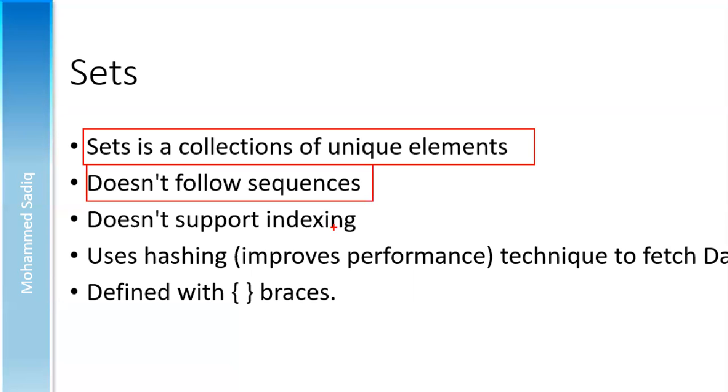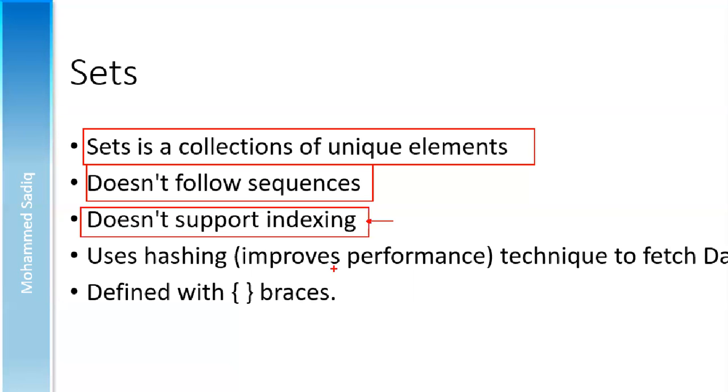But in the case of a set, you store values in a particular sequence, but when you try to read, you'll never get the same sequence. It is always retrieved in a different sequence. So they don't follow any kind of sequencing concept. Since they don't follow sequencing, they don't support indexing either.